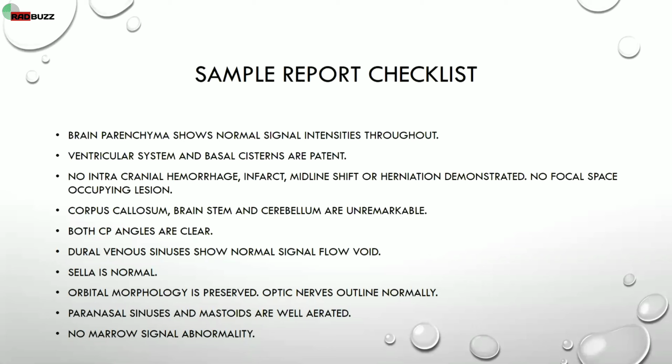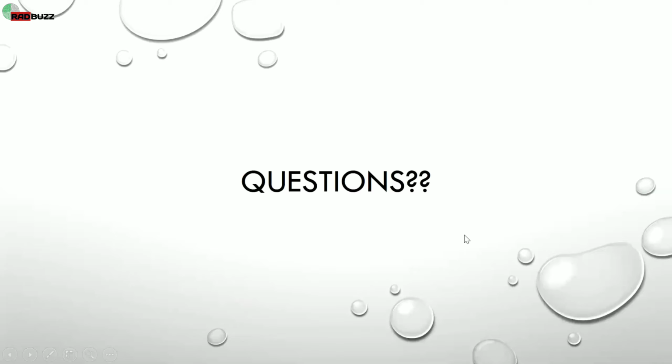In all my talks I will be sharing things, like for paranasal sinuses I will be sharing a sample report of it, for temporal bones, ears, and all that stuff. The next spaces I didn't share because they are totally different entities, so each has a different pathology related to it. So that's a little bit of an overview about how to approach CT brain. These are the practical tips, not the basic ones.